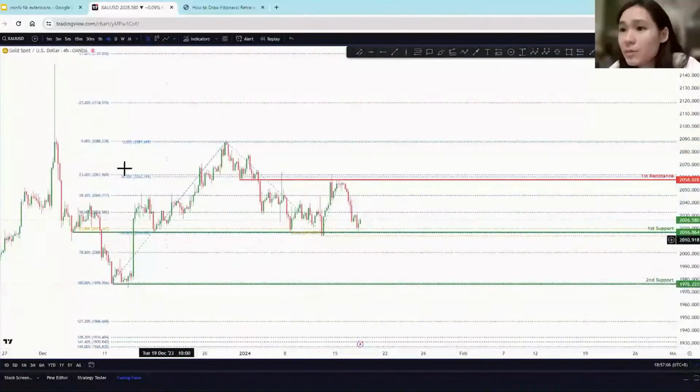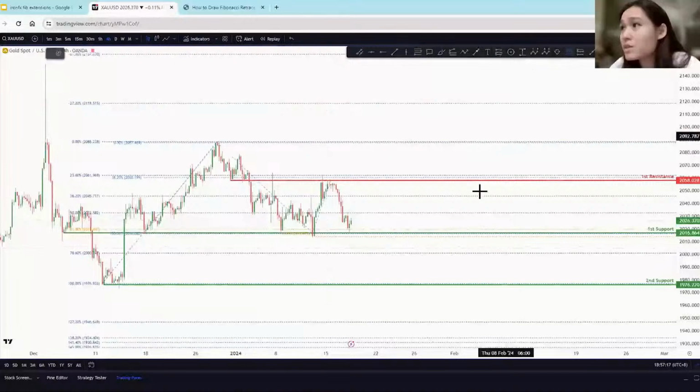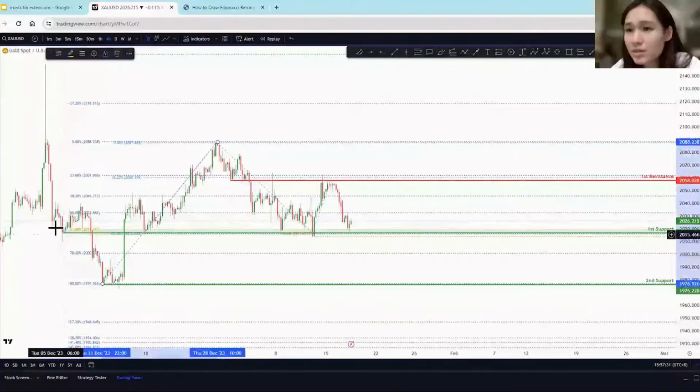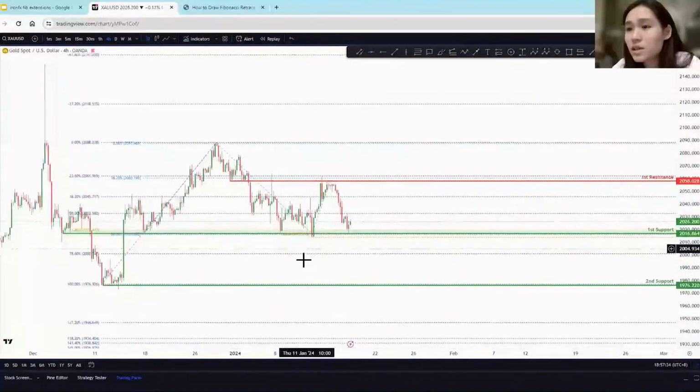My 23.6 also lines up with my first resistance, and so does my 61.8. So we have this confluence area here. And this is also a pretty significant level of overlap, because we have a bunch of swing lows lining up as well.